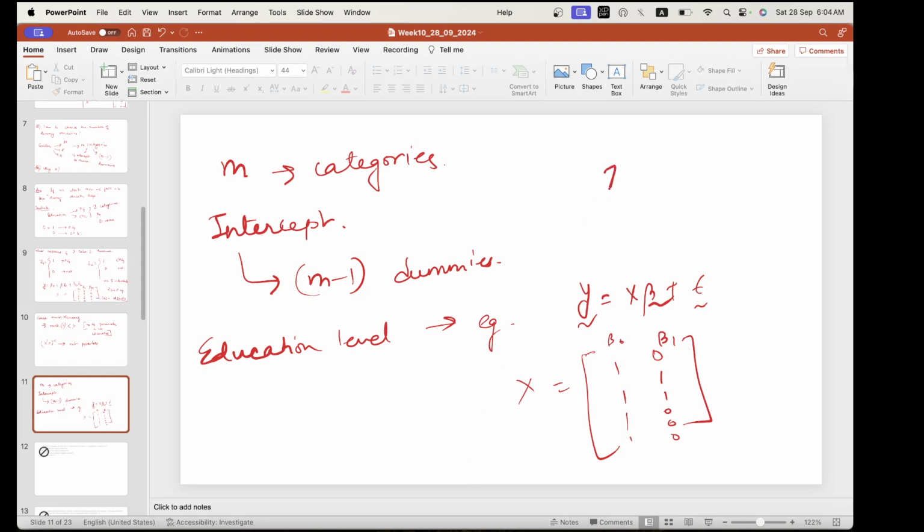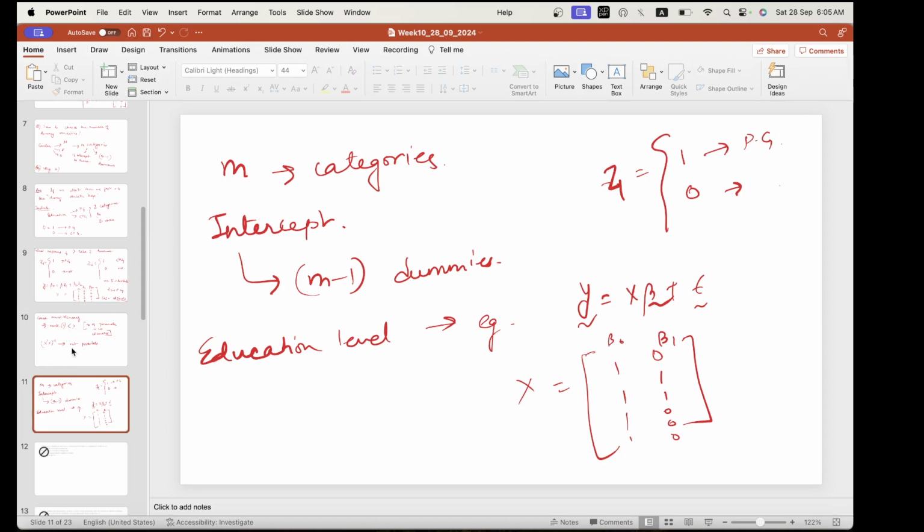Then this z1 would mean 1 if that individual is a postgraduate, and it would be 0 if that individual is less than a postgraduate.